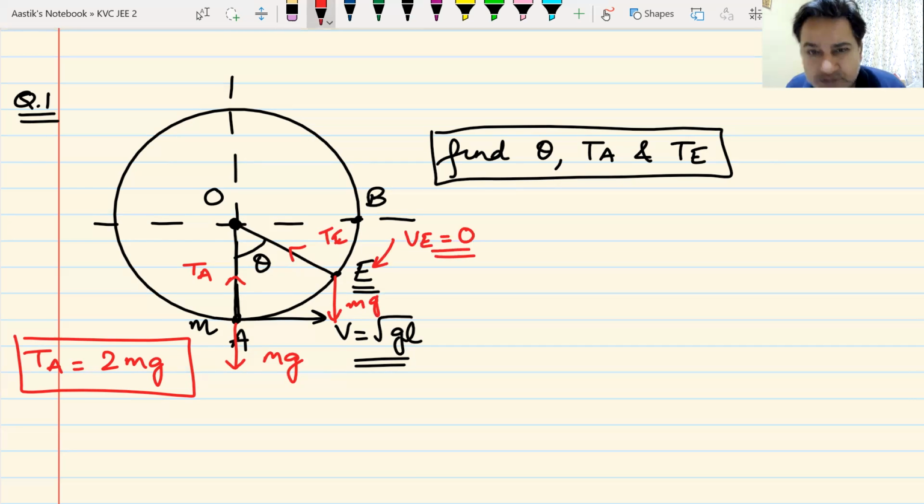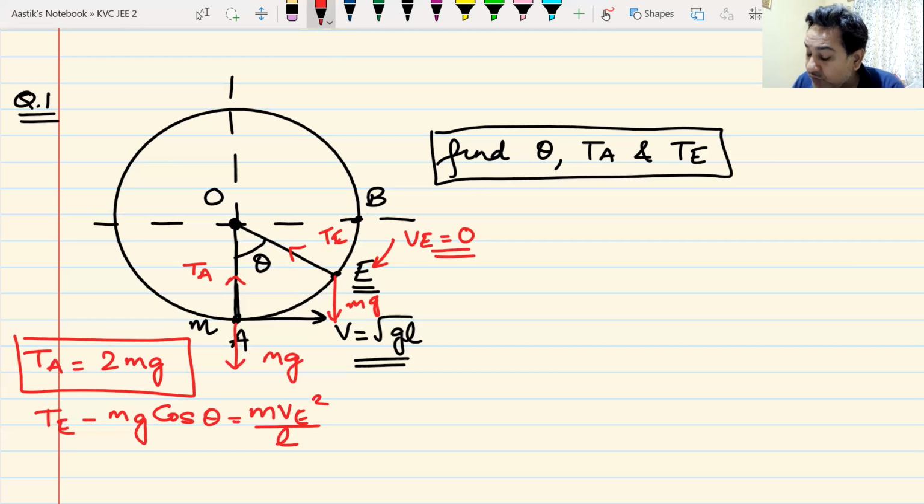If I make the equation for TE, it will be TE minus mg cos of theta equal to m into v square by L. Yes or no? Yes, sir. But we know that this VE is equal to 0. So I get the answer of TE. TE is mg cos theta.